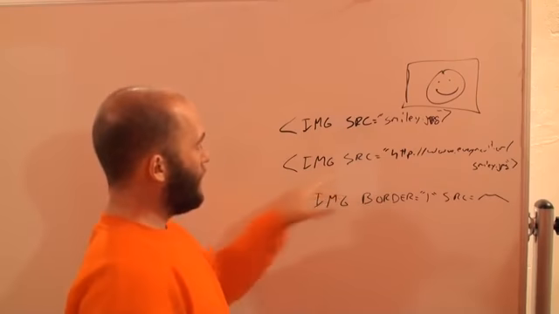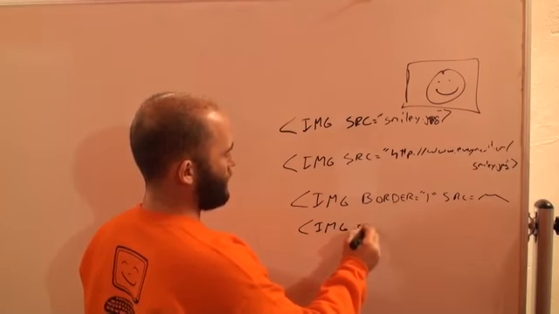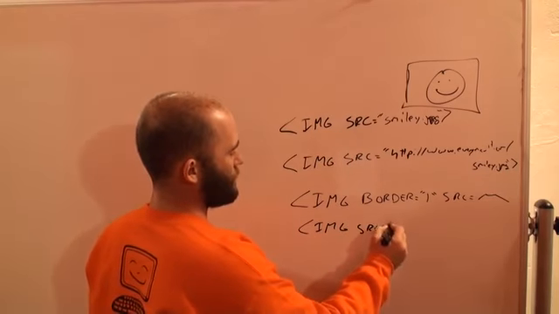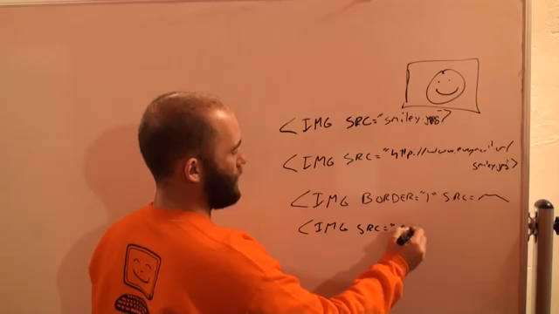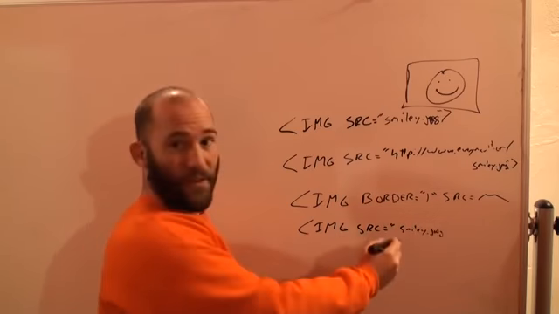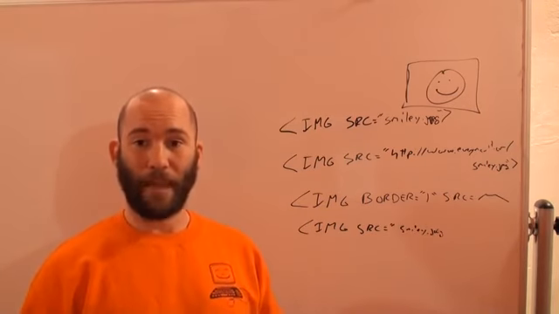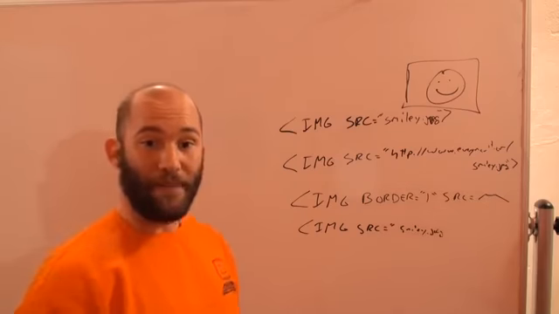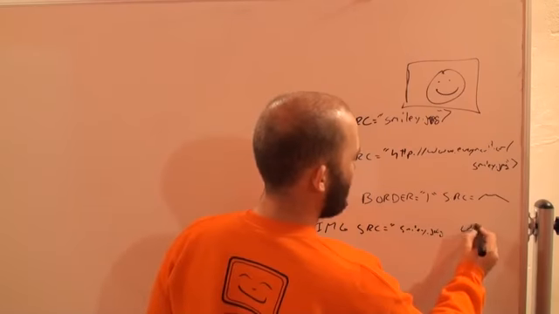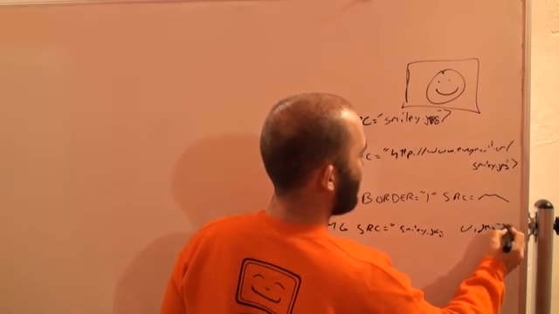So if you type in the whole image src equals, and then smiley, this line of code will insert the smiley JPEG into the web page. Well, after that, you can say space width equals, I don't know, 300.